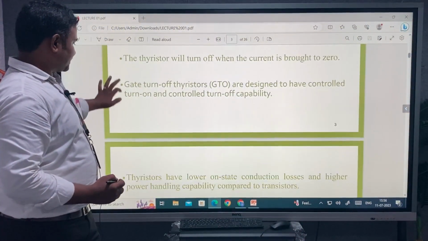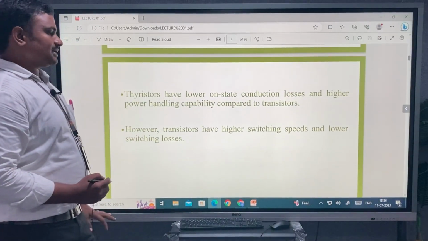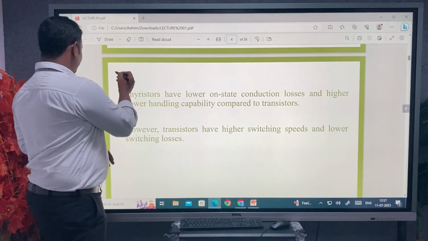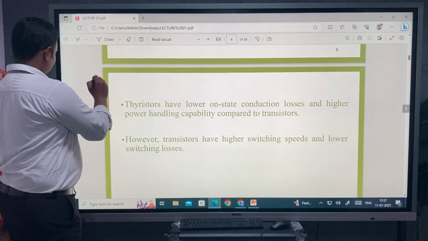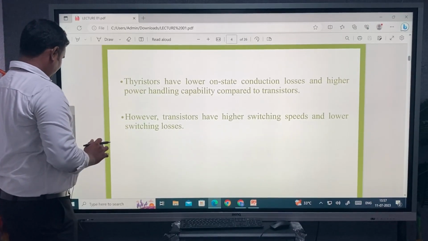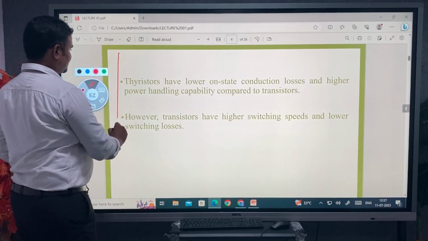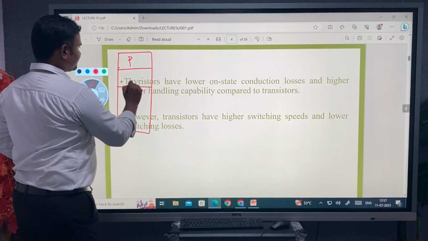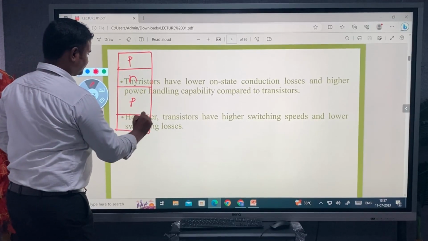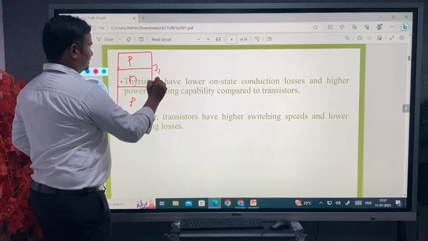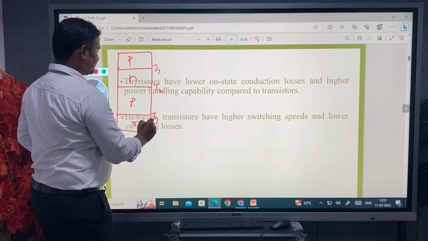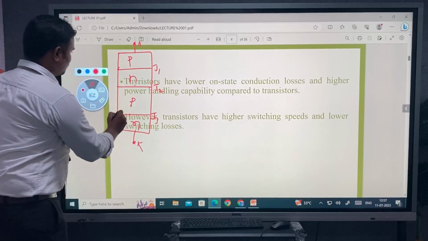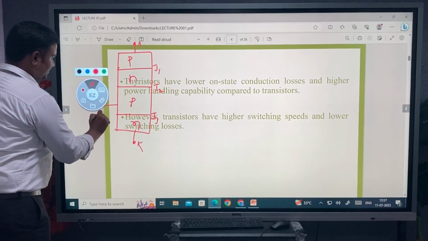When it comes to the construction point of view, a thyristor is a 4-layer device, PNPN. It has 3 junctions, J1, J2, J3, and terminals anode and cathode, along with a control terminal, that is the gate.